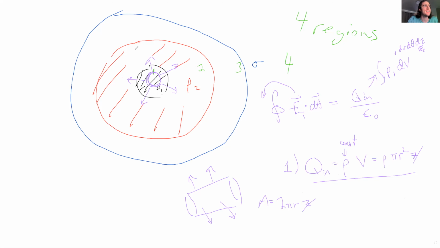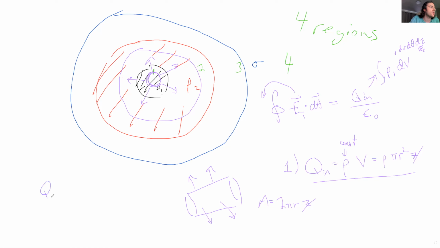What do we do for the second region? Draw our cylinder again, draw our surface, which is a cylinder. I haven't drawn a perfect cylinder here, but that's what it's supposed to be, a perfect cylinder in region 2. Well, in region 2, things start to get a little more complicated. We have all of the charge from region 1 plus some charge in region 2.